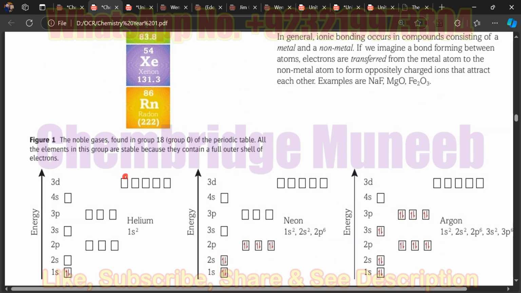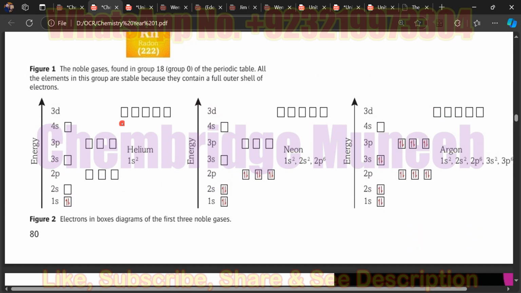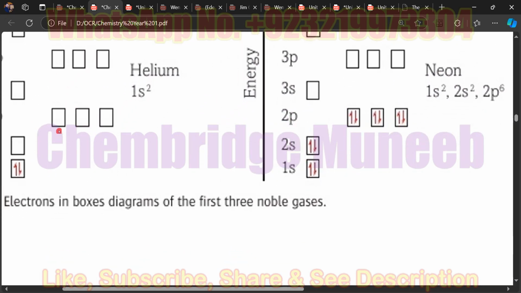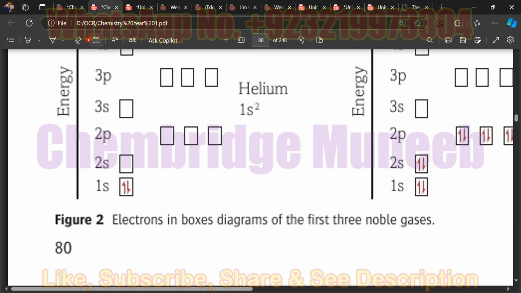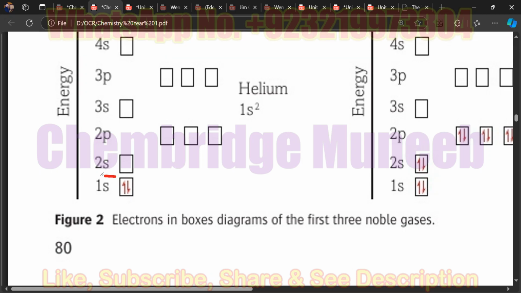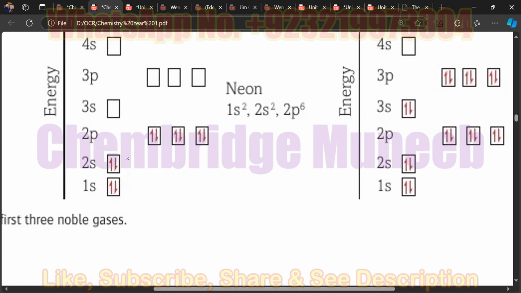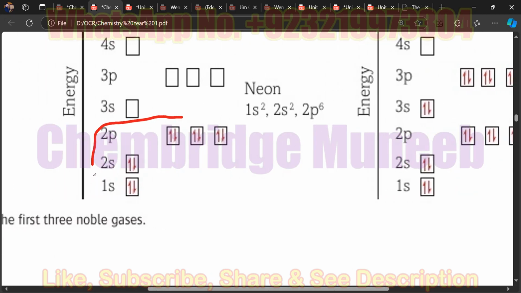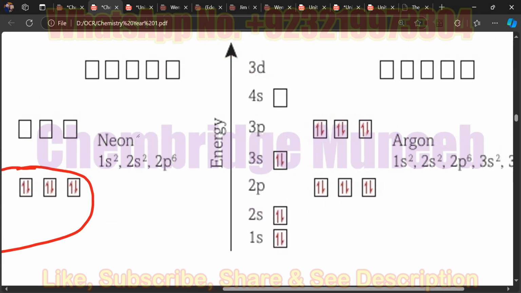Elements present in the last group of the periodic table have all of their shells completed with electrons. Their orbitals are never incomplete. So for helium, its first shell is completed, for neon, its second shell is completed, like all the orbitals and subshells are complete.